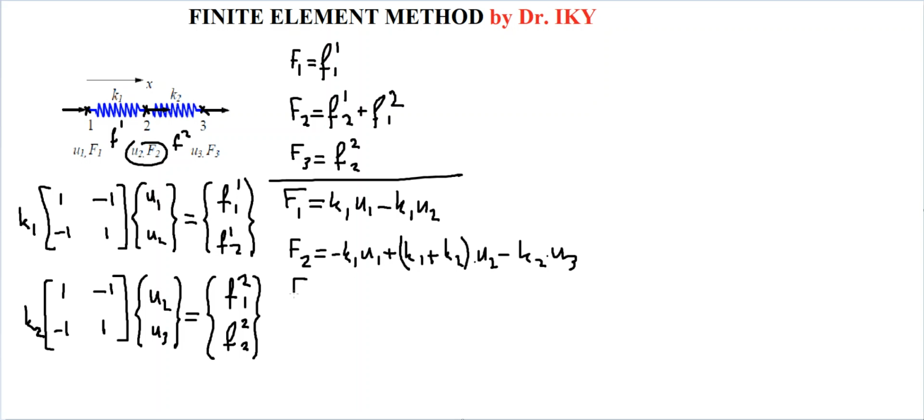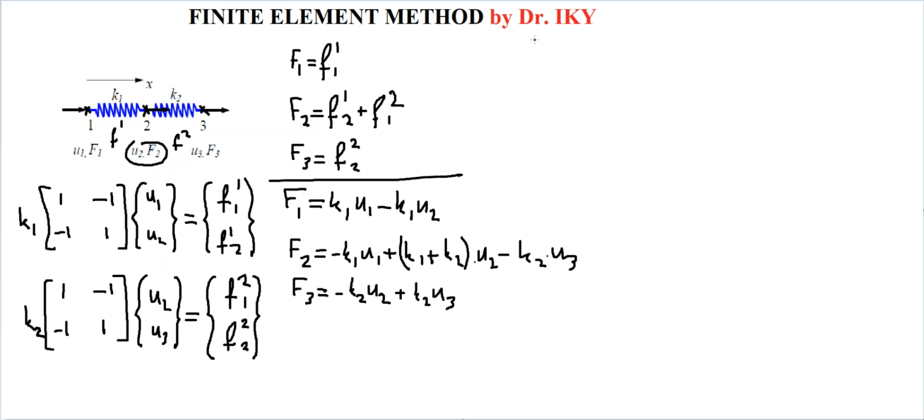So for the F3, you will have minus K2 U2 plus K2 U3. Now I'm going to create an assembly and take the two separate systems into one tensorial definition.